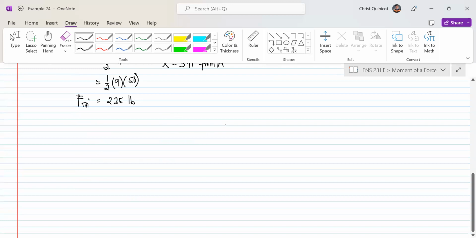Now the force of the rectangular loading is equal to the area of my rectangle, base times height.